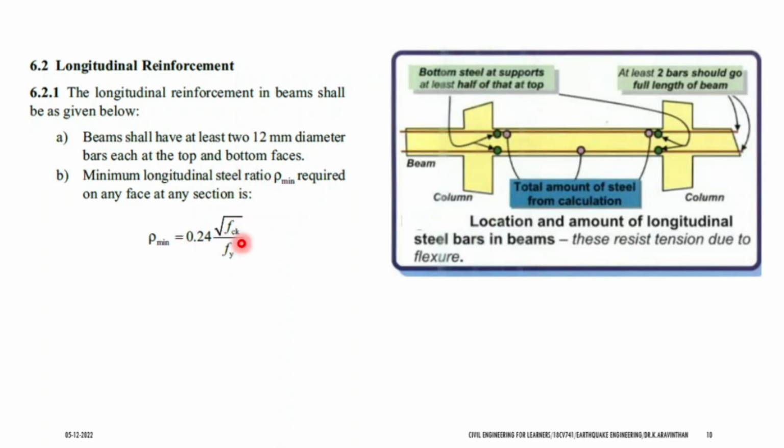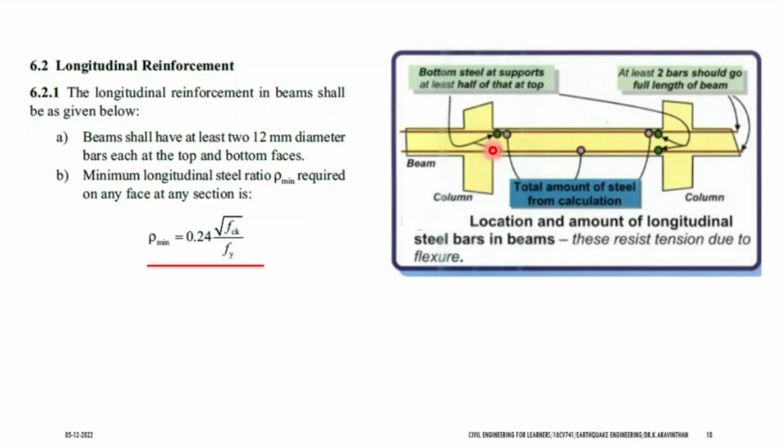What is fck? The compressive strength of concrete. And fy is for steel. Take M25 grade concrete and Fe415 grade steel: that gives 0.0029. And bottom steel at the supports should be at least half of the top.